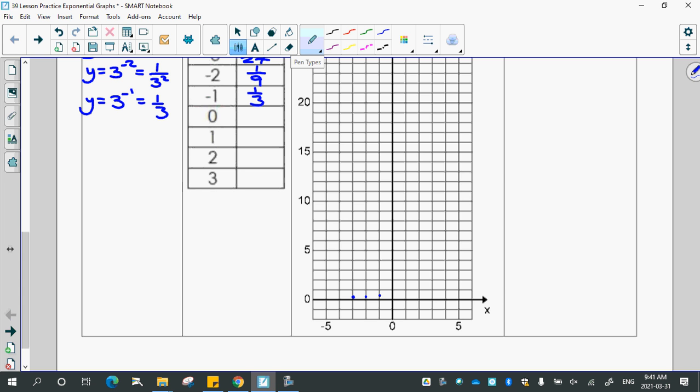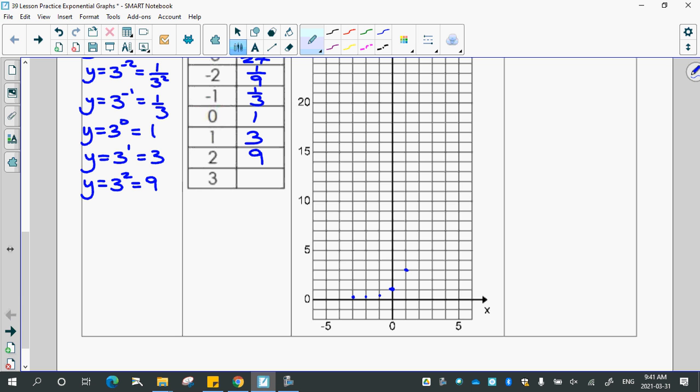All right, and then 3 to the 0. Any number to the exponent 0 is 1. 3 to the 1 is 3. So 1 and 3. 3 to the 2 is 9.